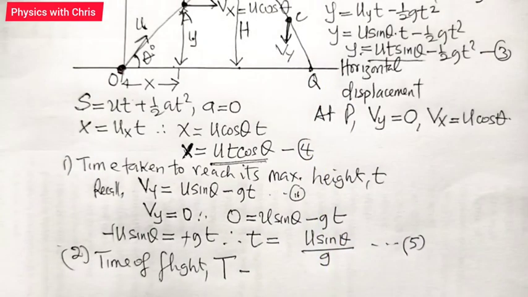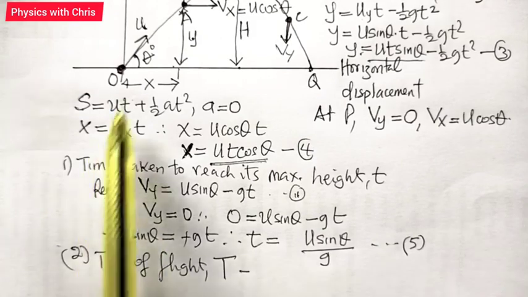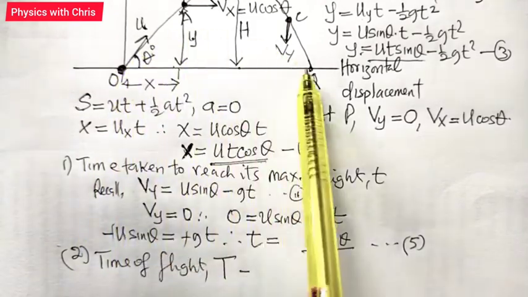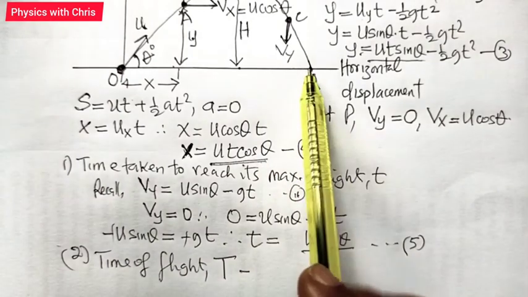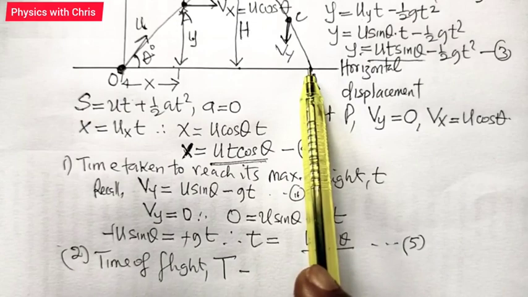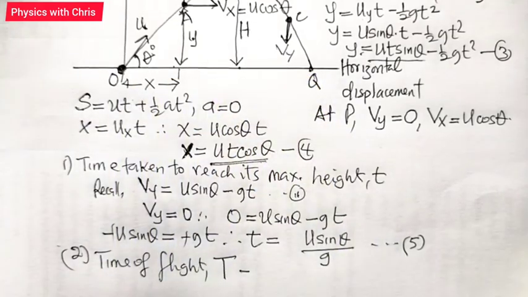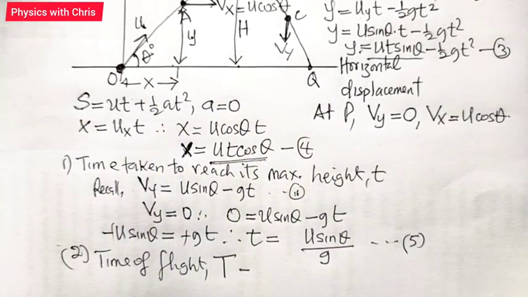So it can also be seen as the total time the projectile spent in the air, from when it is projected to the end of projection. And this point is always at the same plane as the plane of projection. That's the time of flight.